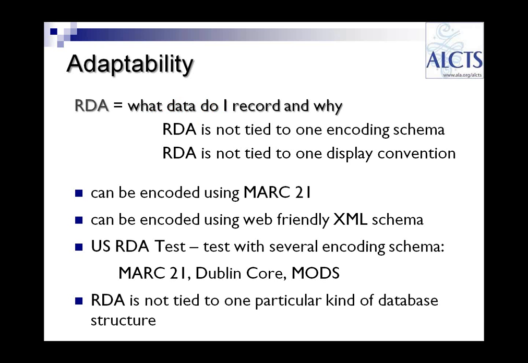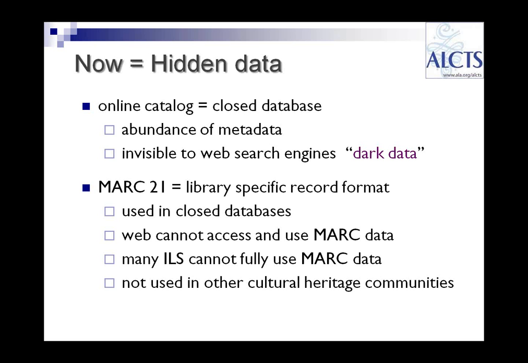It can be encoded using MARC 21. It can be encoded using web-friendly XML schema. And in fact, during the US RDA test, they're going to be testing with several encoding schema, MARC 21, Dublin Core, and MODS. And RDA is also not tied to one particular kind of database structure.